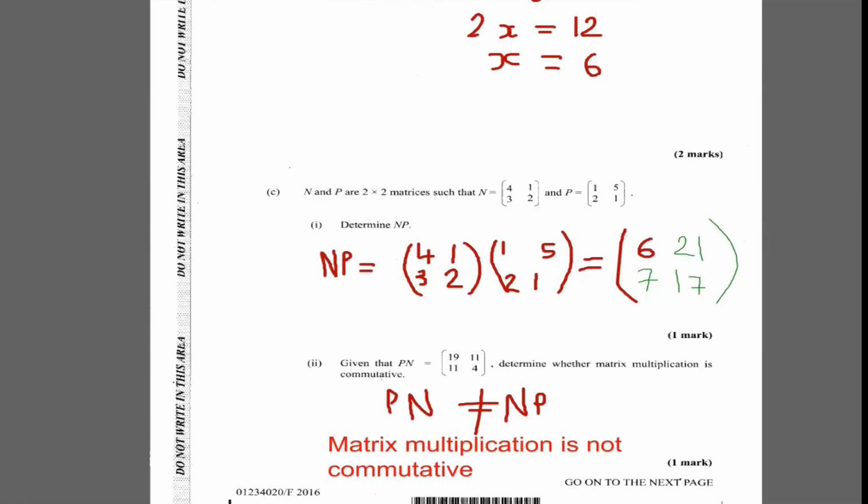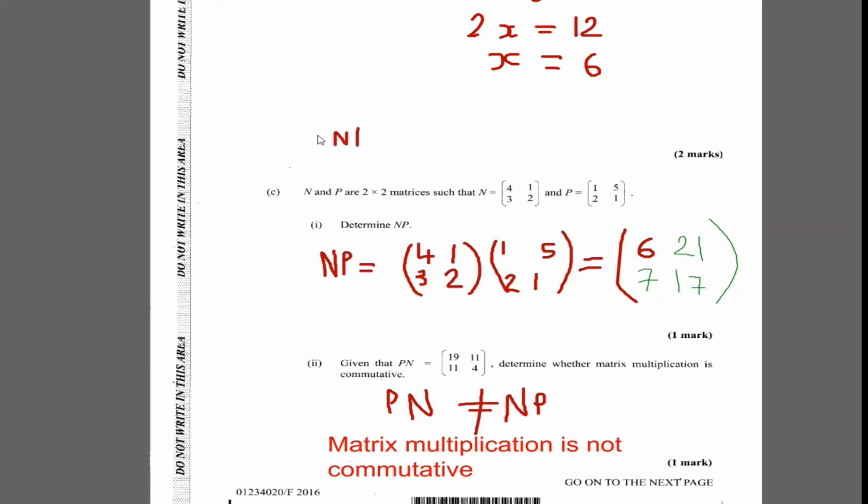Then the final part now of this paper, it says determine N inverse, or N to the minus 1, which is the inverse of N. To find the inverse of N, the inverse of N is 1 over the determinant of N. First thing, I'm going to write down the determinant of N right here.